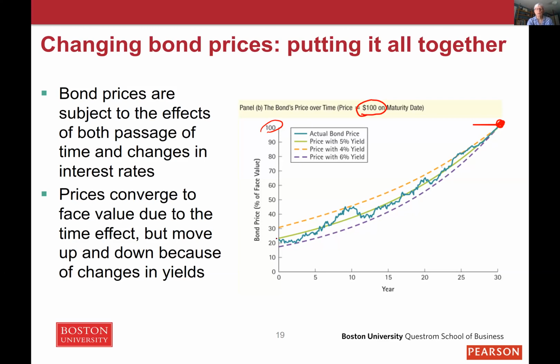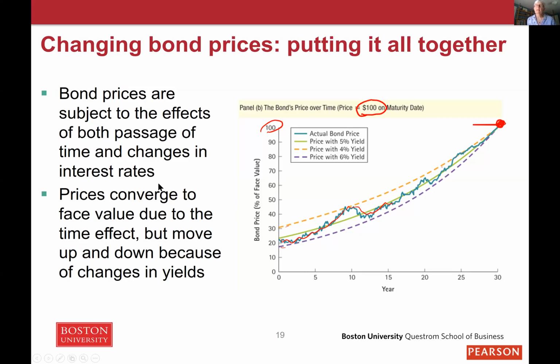So our little blue squiggly line here is the price going up and down over this 30-year period because interest rates are changing. But as we get closer to maturity, there's less years left, so the amount that it's fluctuating isn't going to be as much. And it's going to fluctuate within a band based on the structure of the bond.